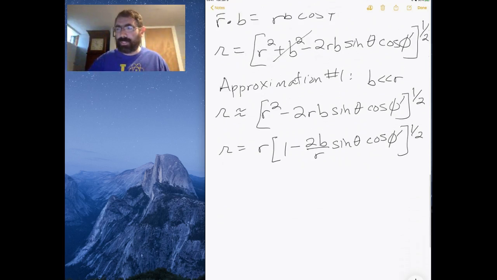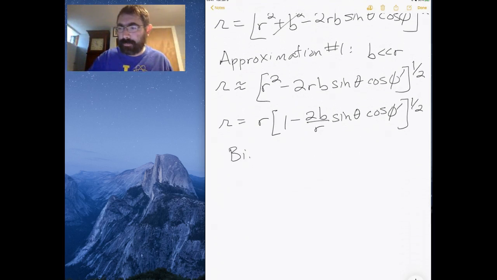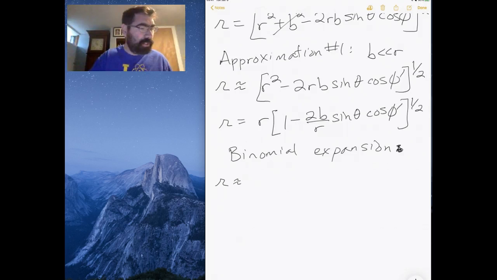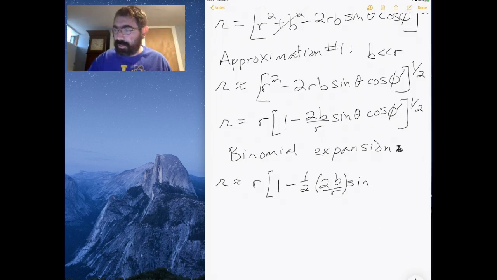Now I use the binomial expansion on the square root, and what I get is script r is approximately r times 1 minus 1/2 times 2b over r sine theta cosine phi prime, or r times 1 minus b over r sine theta cosine phi prime.